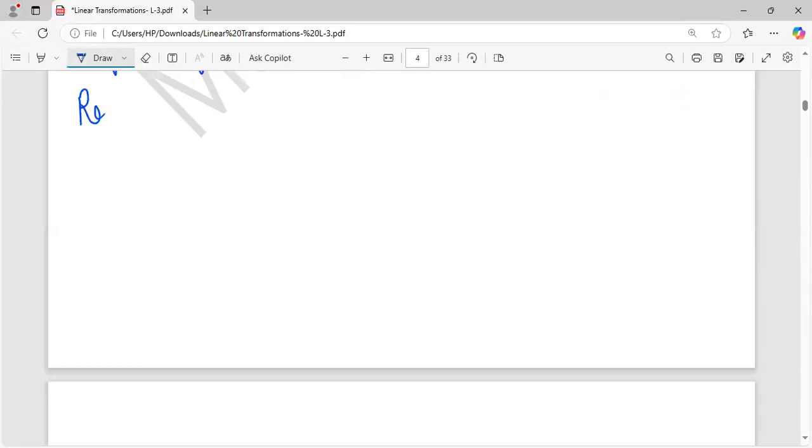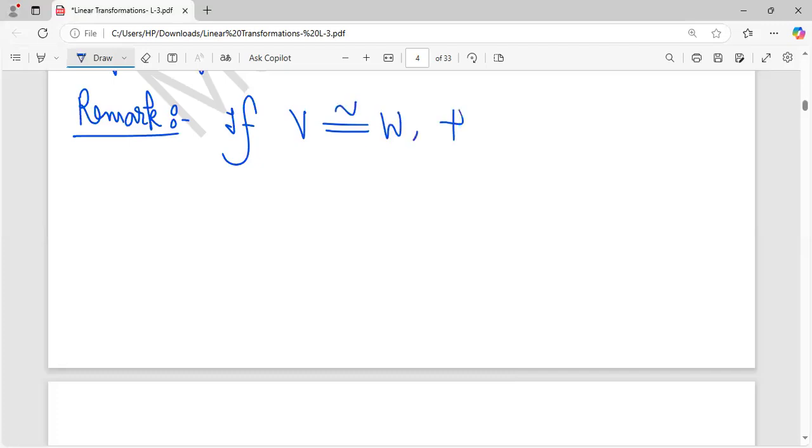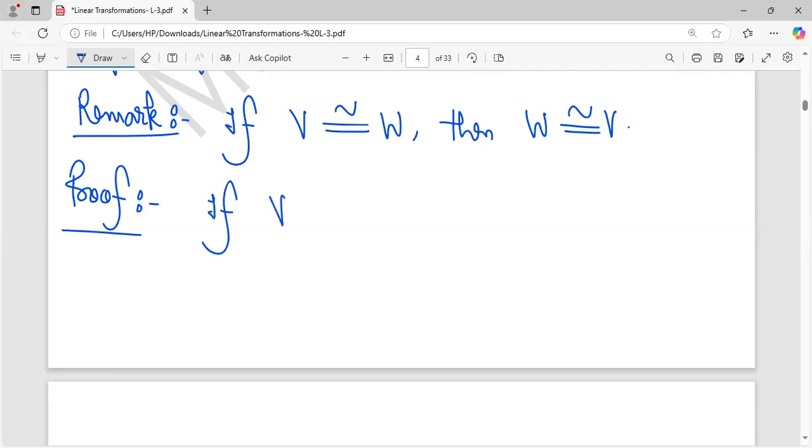Remark: if V is isomorphic to W, then W is isomorphic to V also. If V is isomorphic to W, then there exists T from V to W an isomorphism.